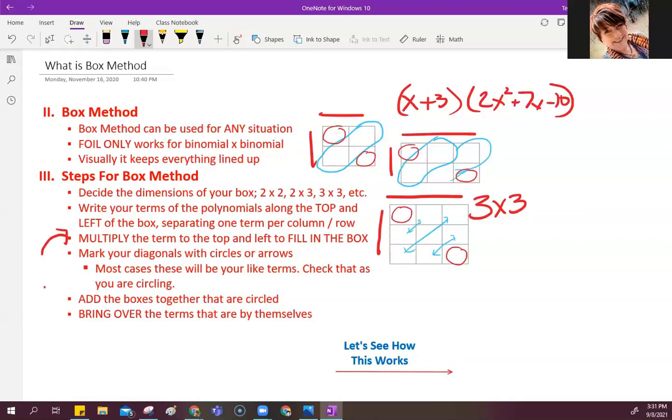We're going to mark our diagonals with circles or arrows because most of the time, unless you have more than one letter or they're advanced, your diagonals will be your like terms. Then you're going to add everything that's in the circles, and then you're going to bring over the guys that are by themselves. So you can see the blue is where I did the diagonals, and then the circles are the guys that ended up by themselves.